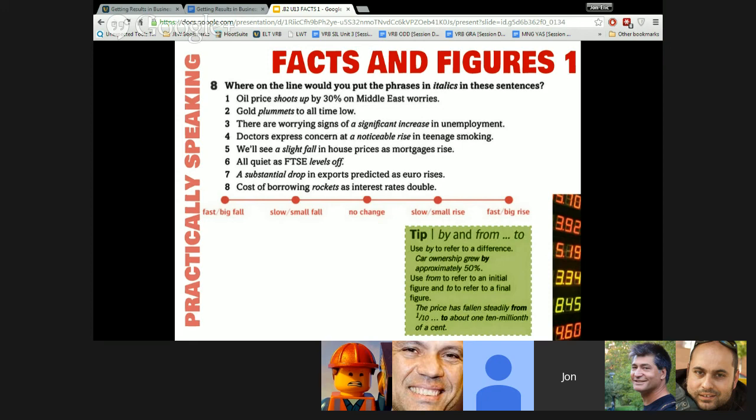Rise. Well, low is an adjective. So rise is a verb. Low. Baixo. High. Exactly. High. So if gold is plummeting and plummet is a verb, is it going up or down?